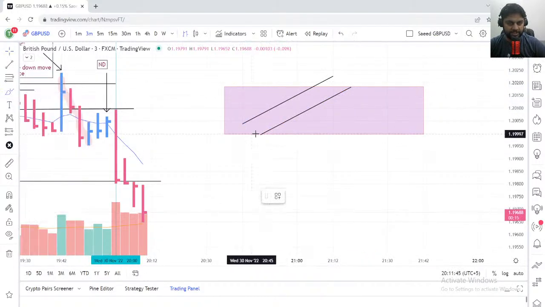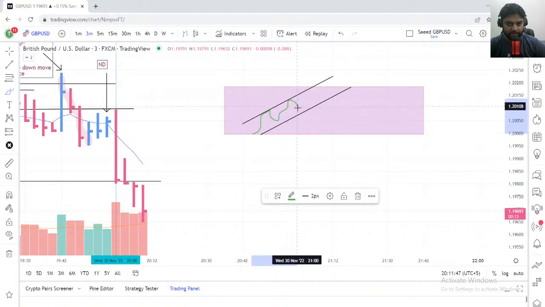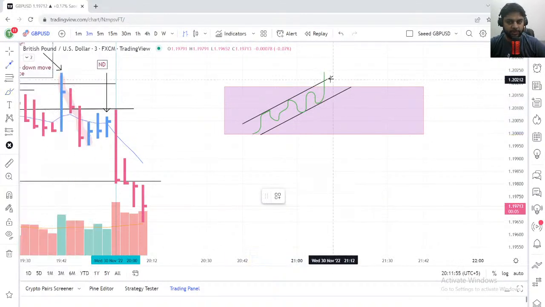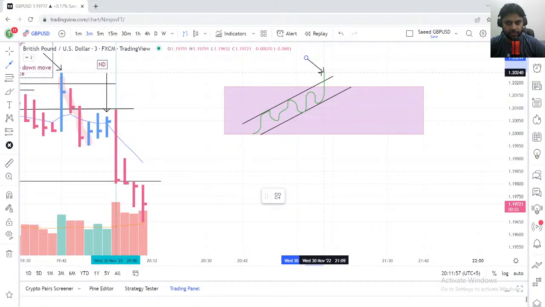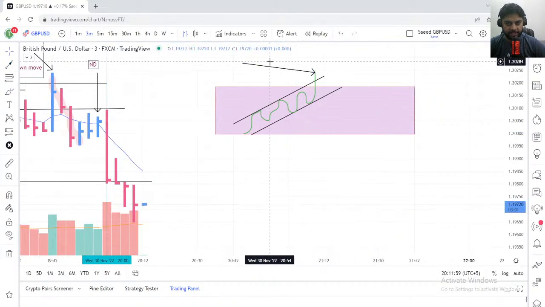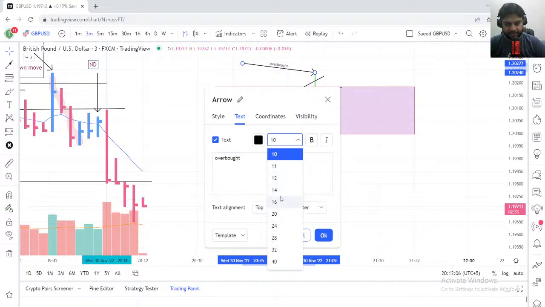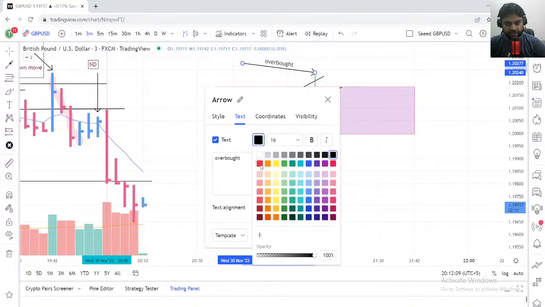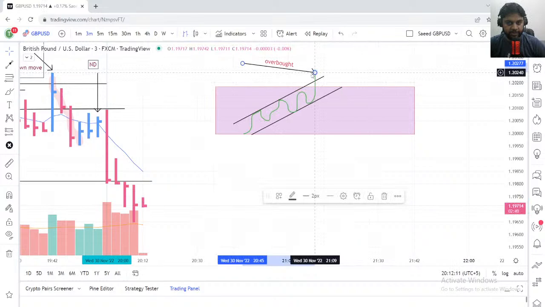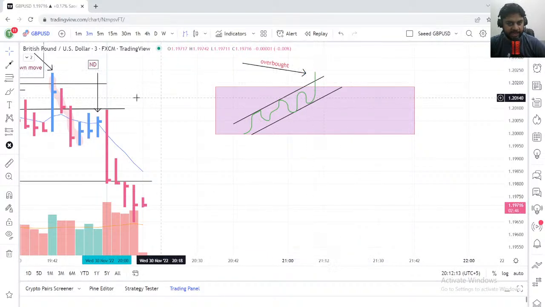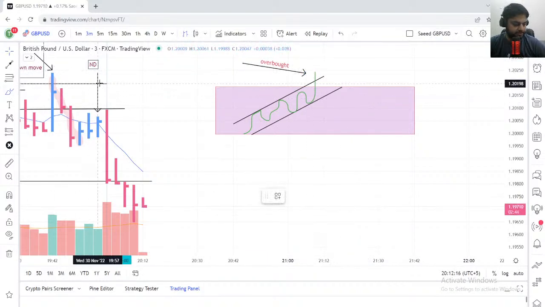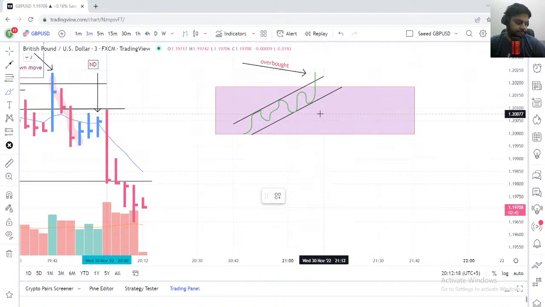Once you see that the market is over here and it is overbought, you will call this overbought in the trend channel. So what will happen when you have overbought in the trend channel? The market will react from that point onwards, so it will go down.